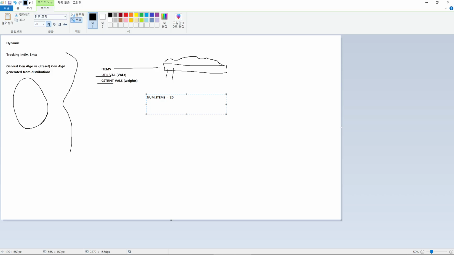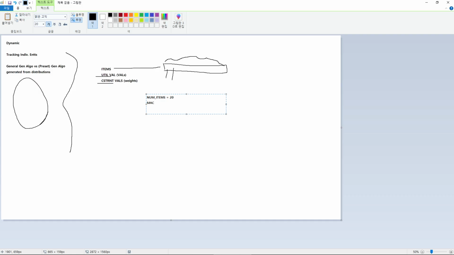And in this list of items there would be 20 items that an entity could choose from, or 20 genes, for example.